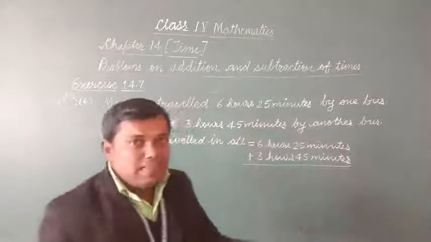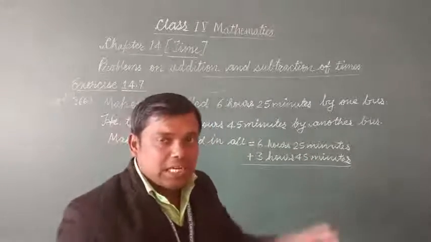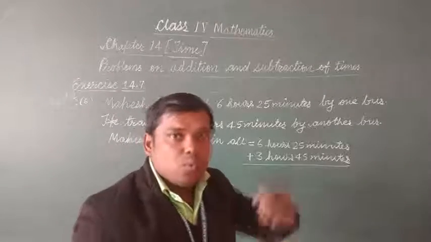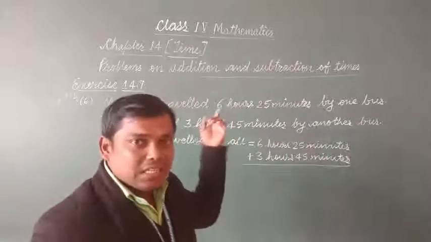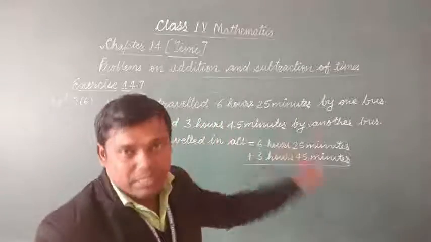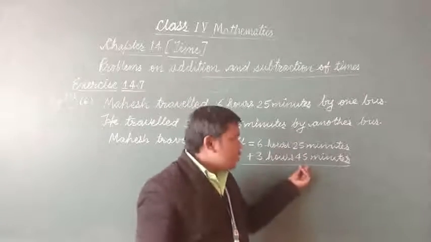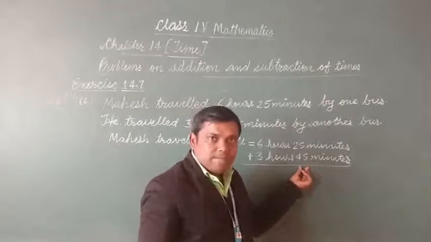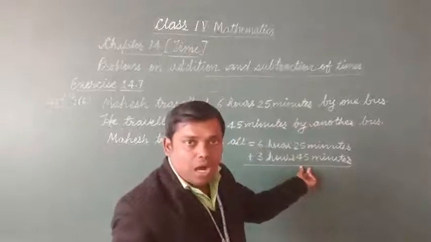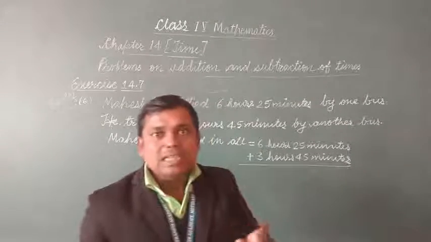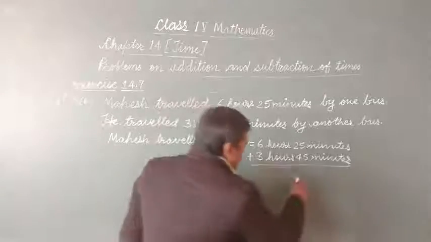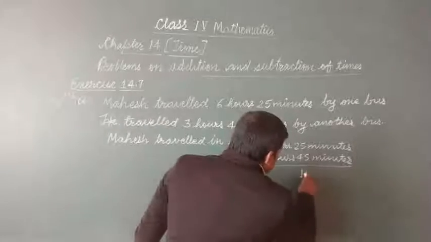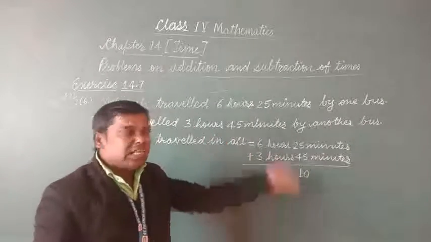So 70 minutes is coming. You know, when the time is more than 60 minutes, we take it as hours and minutes. Means we can change. As it is coming 70 minutes, we change it into hour and minute, and 70 minutes is equal to 1 hour 10 minutes. So we only write here 10 minutes and we take 1 hour as carry.